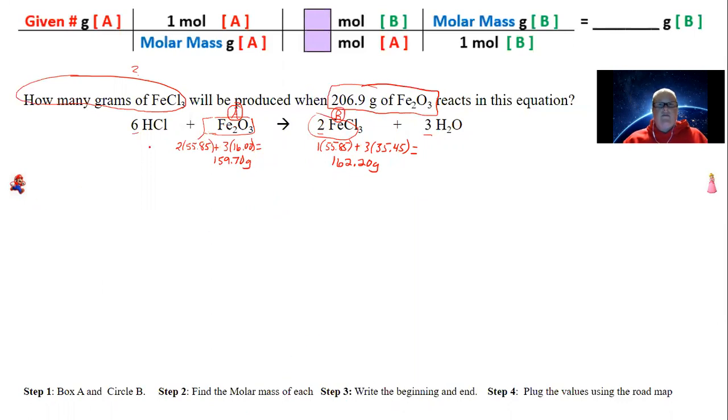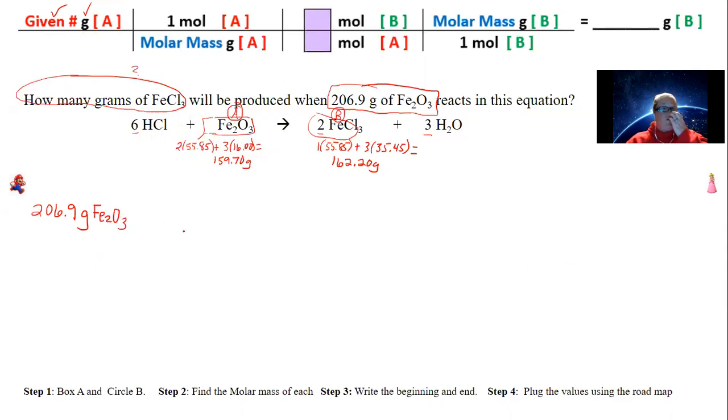Step 3, write the beginning and the end. I always write the number first. I have 206.9, that's my given number, grams. I've written grams of A. A is Fe2O3.